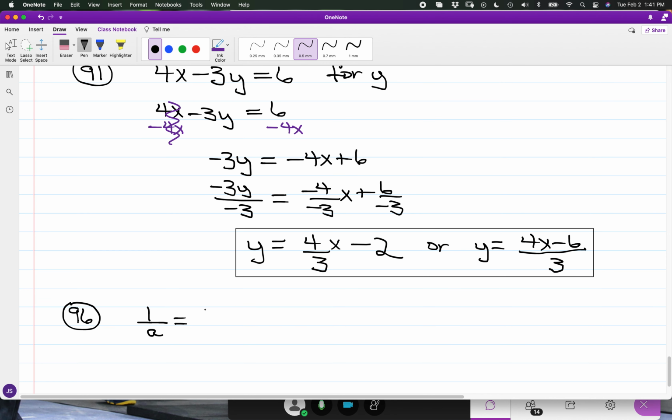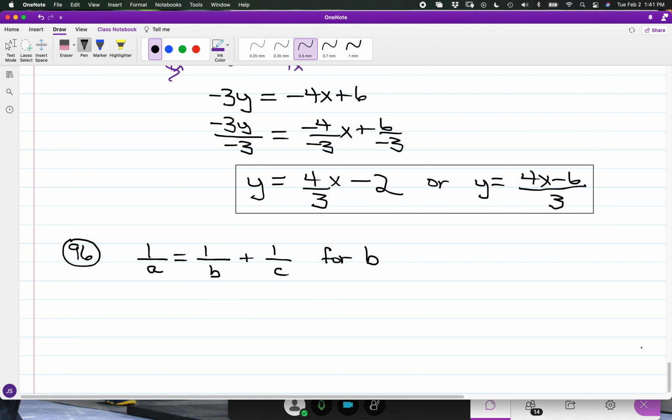Some of the topics technically cross over into subsequent chapters, but in terms of the exercises, even in ALEX, sometimes you get an early glimpse. Okay, and say you're looking at trying to express this equation in terms of the variable b. So you have 1 over a is equal to 1 over b plus 1 over c.